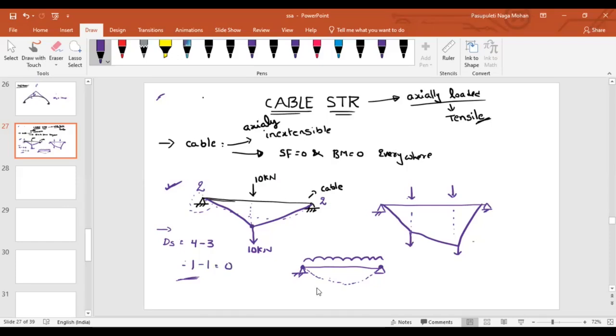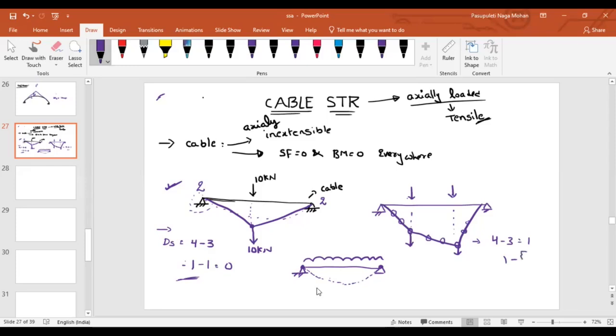Similarly, if you come to this case, 4 reactions, and 4 minus 3, 1, and how many additional equations can we consider? Here also the moment is equal to 0, not only at 2 points. Moment can be 0 here, here, and here. Anywhere you can consider.